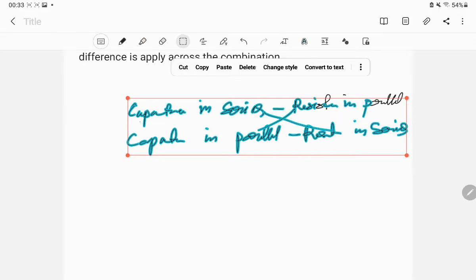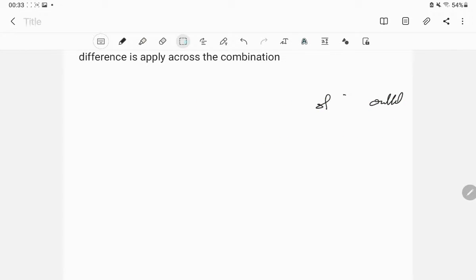Now first, in a circuit, how do we represent resistance? Resistance is represented like this, or R for resistance.